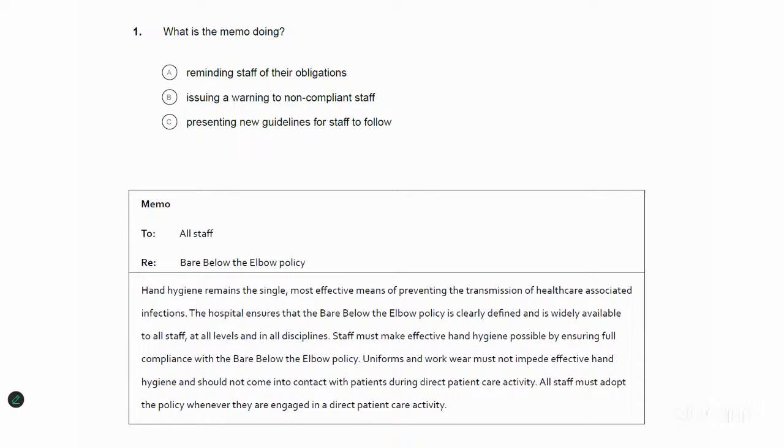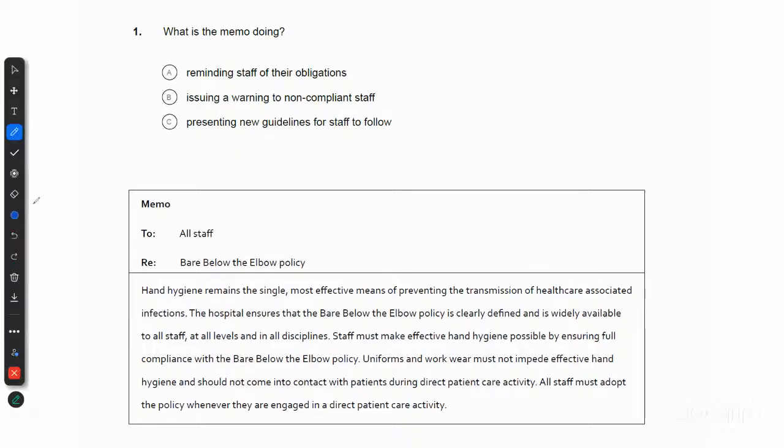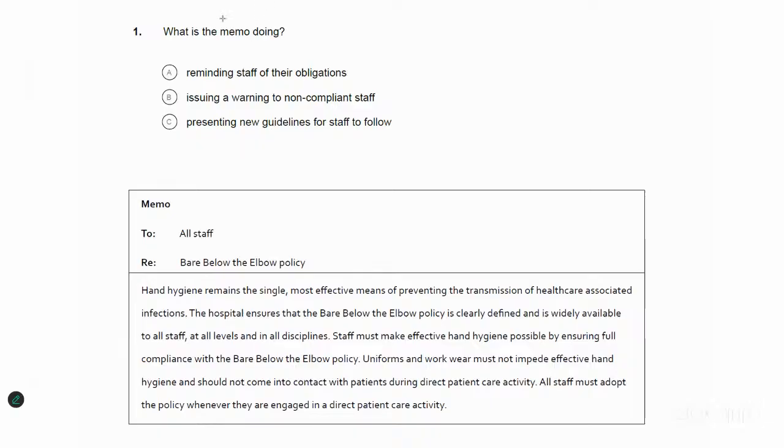Now, they want the main purpose. That's number 2. What is the memo doing?